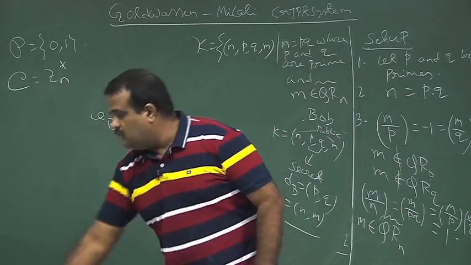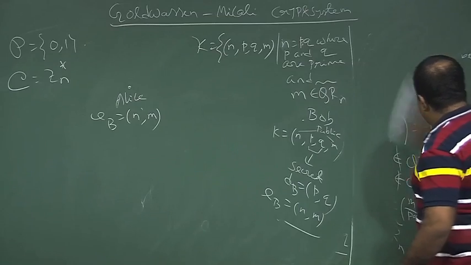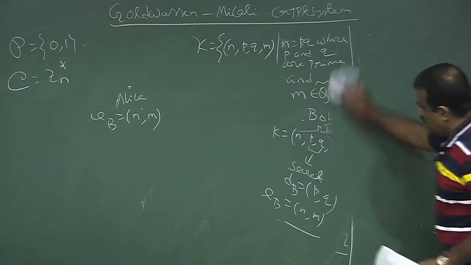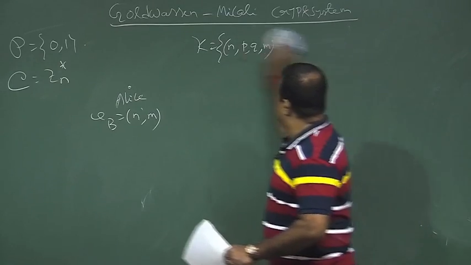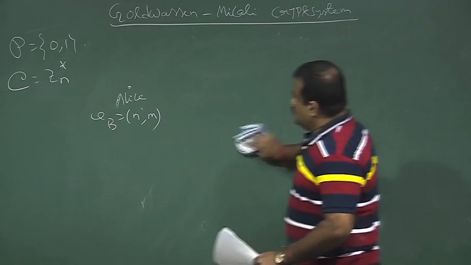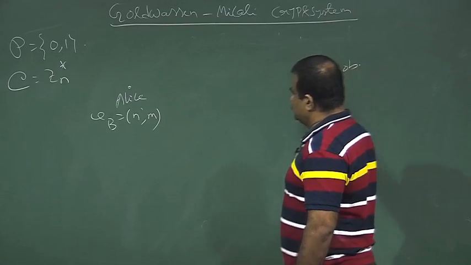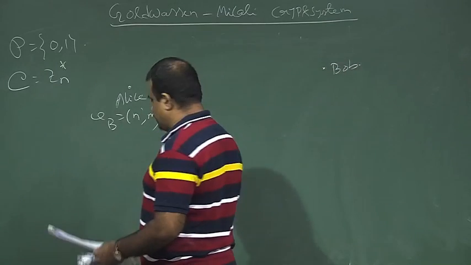So, what is the encryption? Alice has Bob's public key.